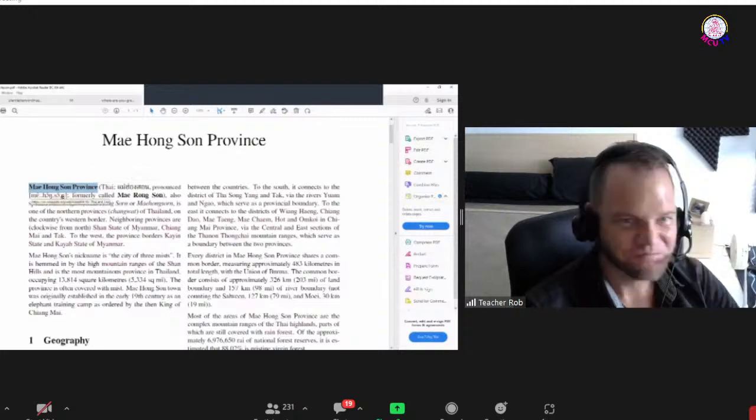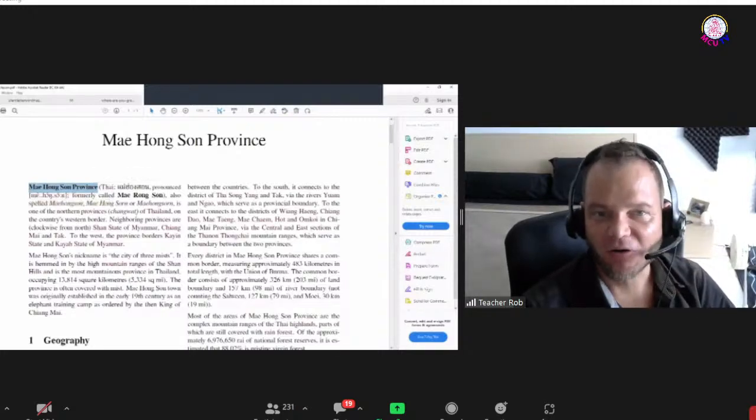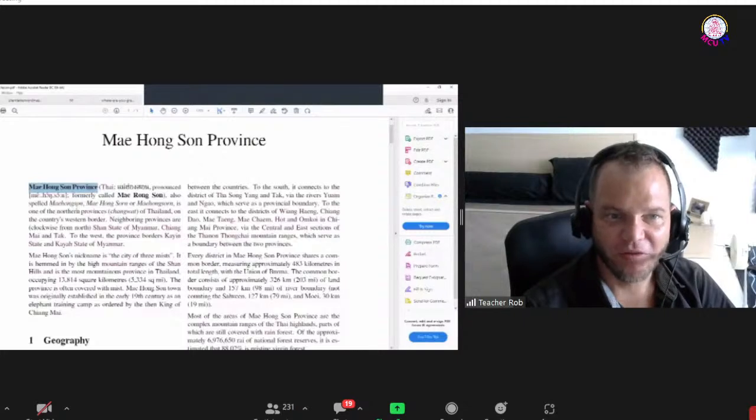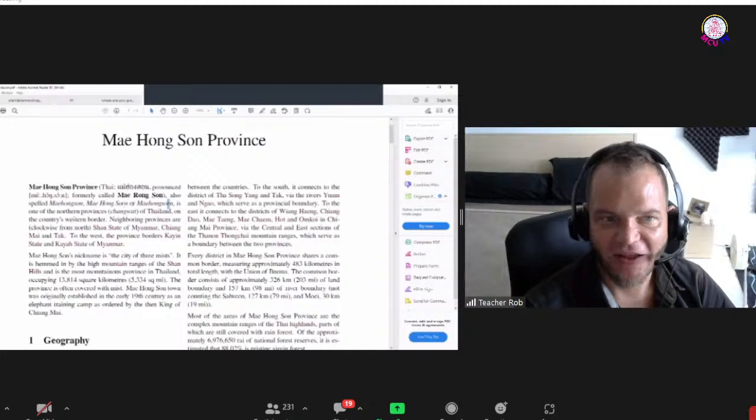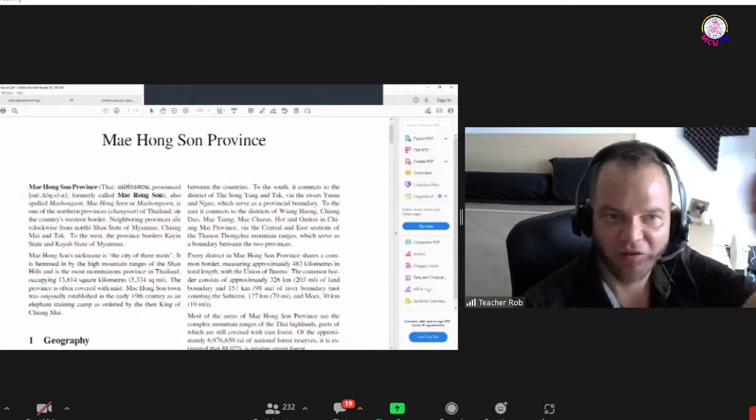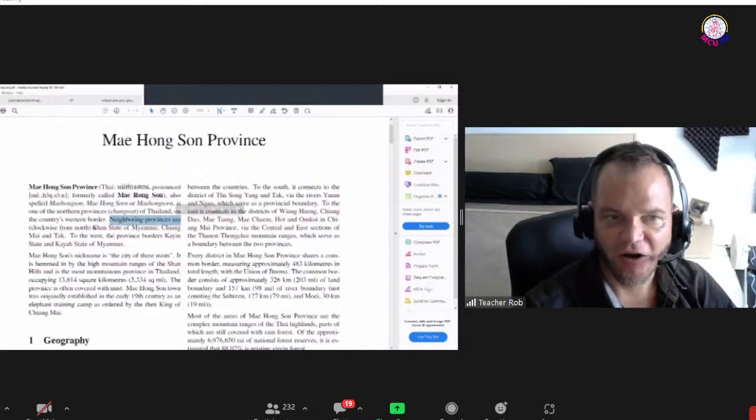Same way. Formerly called Mae Rong Son, also spelled these ways, of the northern provinces of Thailand on the country's western border. Neighboring provinces are, clockwise from the north, Shan State of Myanmar, Chiang Mai, and Tak. To the west, the province borders Kayin State and Kaya State of Myanmar.